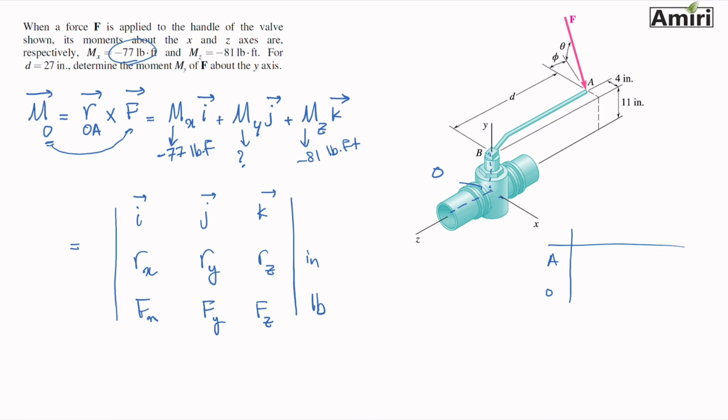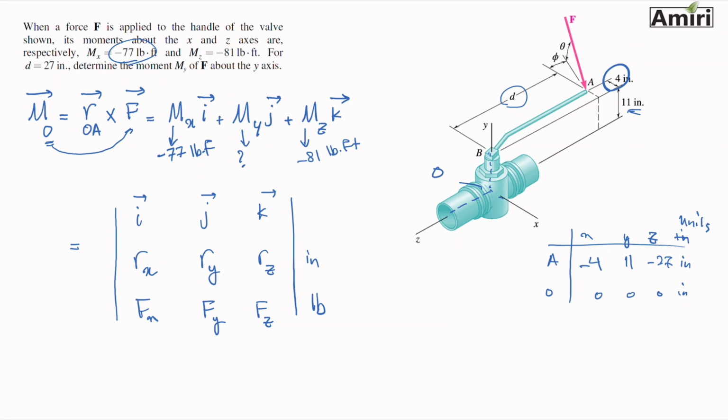Point A, point O, X, Y, Z units are inches. Point O is located at 0, 0, 0. For point A, all the information is given. It's 4 in the negative direction, so minus 4 inches. Y going up, so that's positive 11. And then D is in the opposite direction of Z, so that's minus 27 inches.